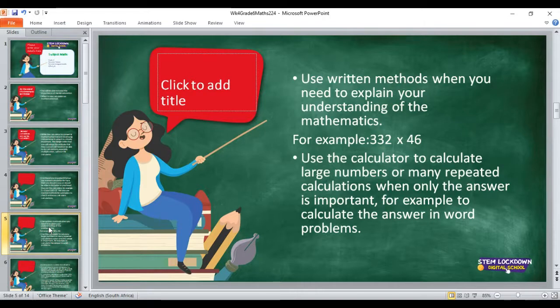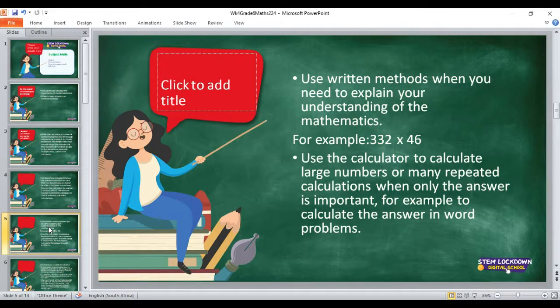For example, here we'll first do the place value. We'll have 300 multiplied by 40, in brackets, and we put a plus sign. 30 multiplied by 40, in brackets, plus sign. 2 multiplied by 40, in brackets, plus sign.